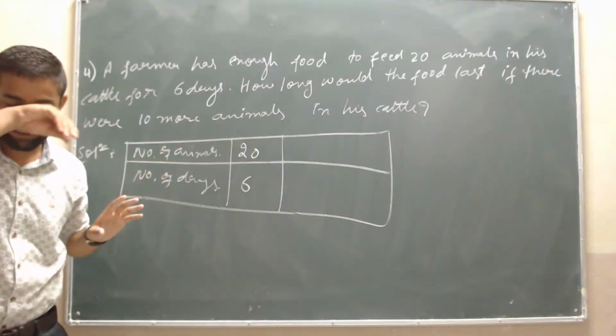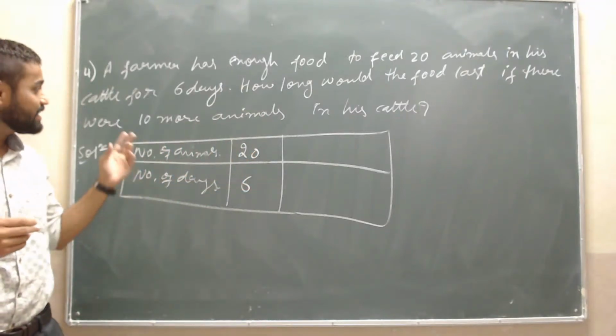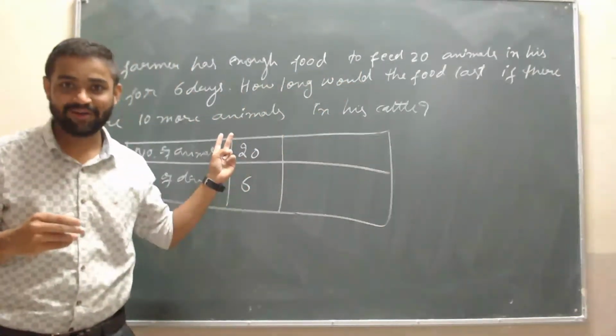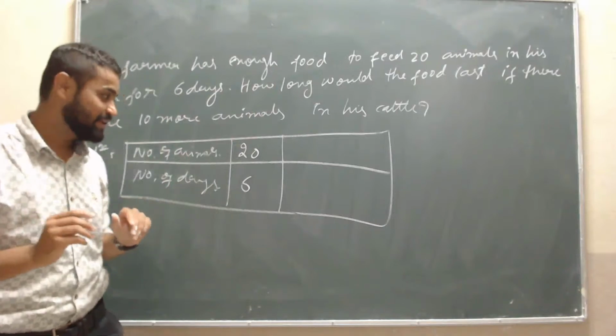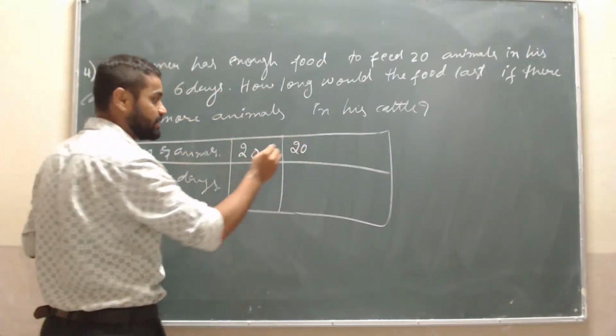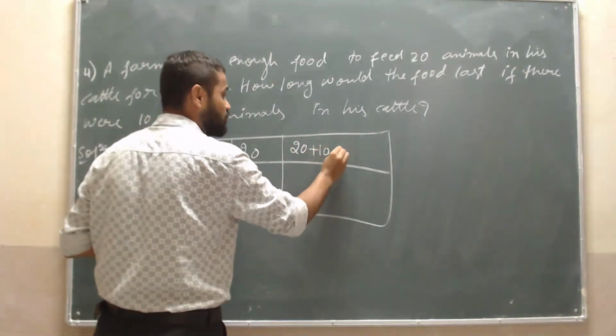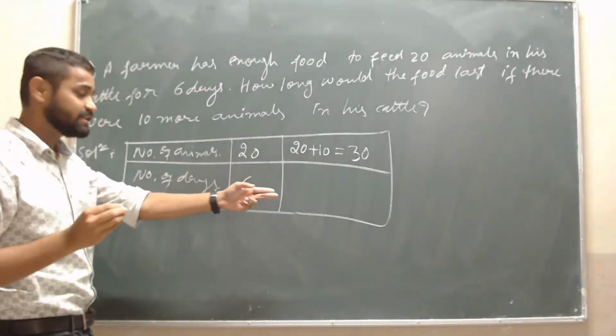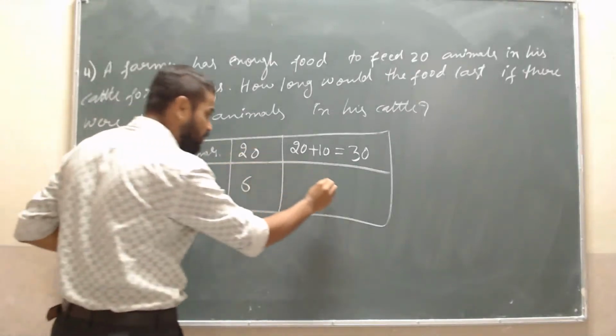Okay, these 10 more animals are their friends. See here, 10 more animals means first 20 animals plus 10. How much? 30, children. Now we have to concentrate and calculate the number of days.